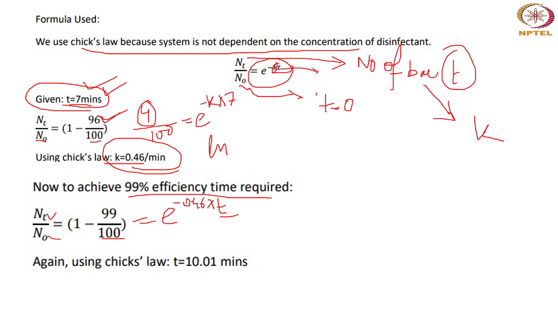Again use ln, the natural logarithm, and you can calculate t as 10 minutes. So if I want 99% removal, I need a contact time of around 10 minutes. If I need 96% removal, I achieve that at a contact time of 7 minutes. That is the concept behind this question.